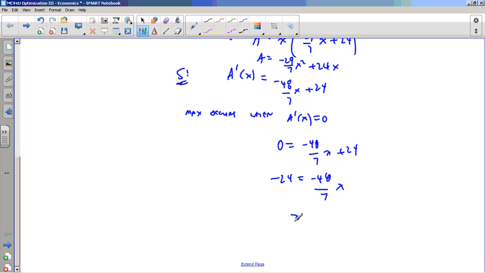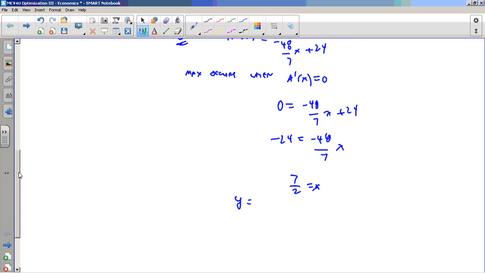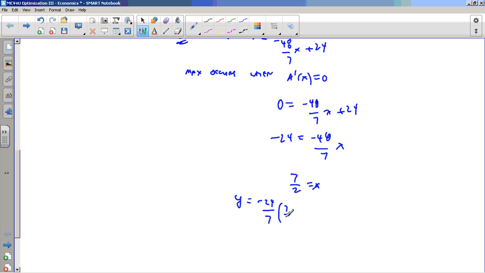I think I'm going to have 7 gets multiplied, the negative 48 gets divided over there, 2 on the bottom. x is 7 halves. And then what would y be? Well, y would be whatever I get when I substitute back in the line, right? Negative 24 over 2 plus 24, so y equals 12.